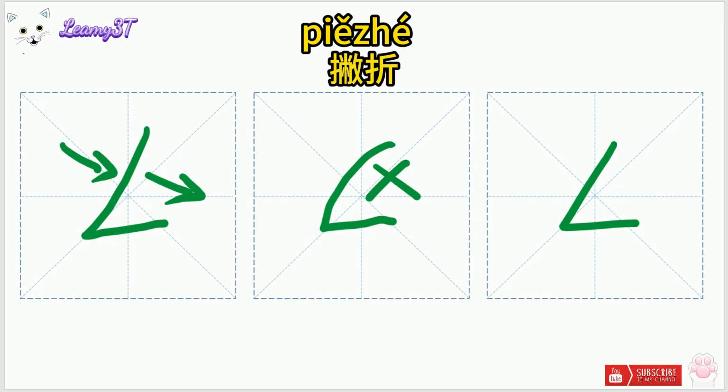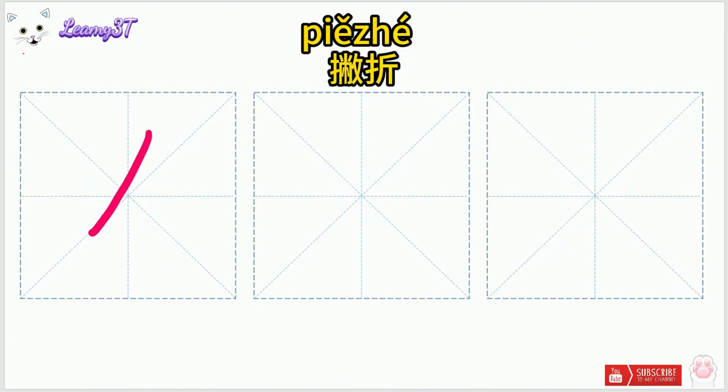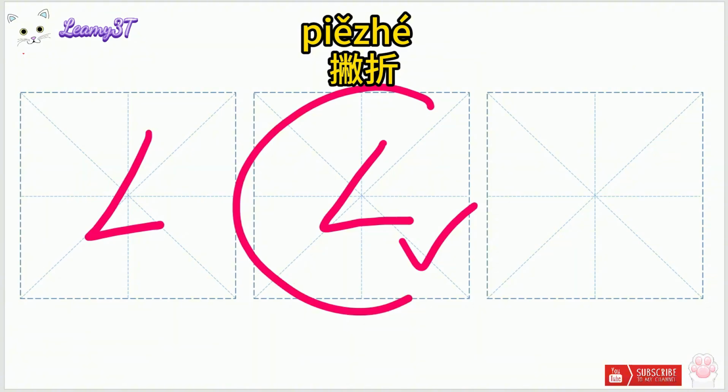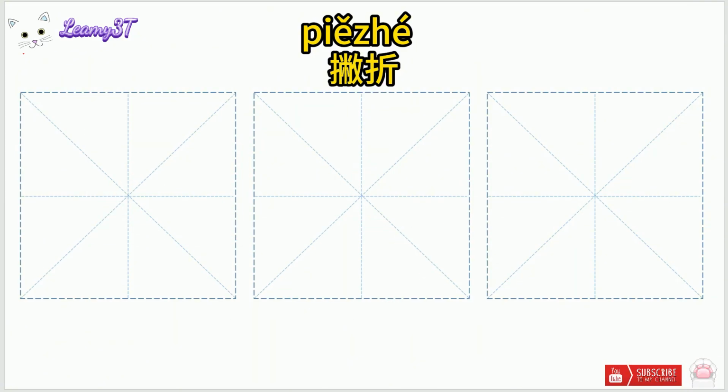In fact, many Chinese don't even realize that this stroke starts with a piězhé and that it should have a slight curve, such as this. So if you write it as a straight stroke, it's really fine. In actual writing, what's more important is the balance of the whole character and the distribution of strokes.